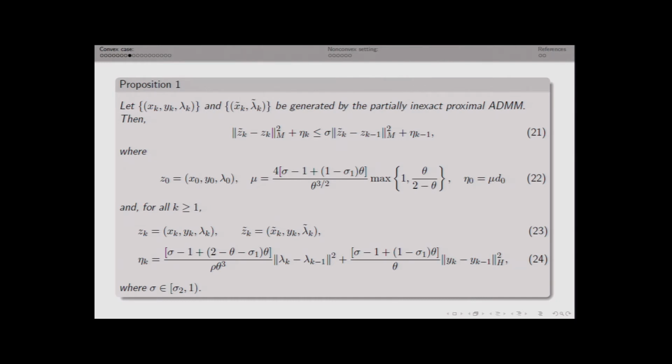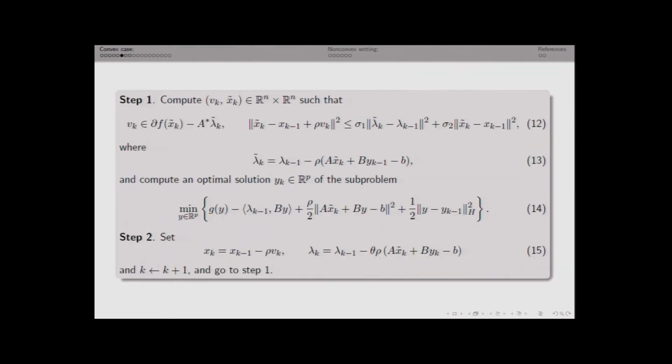So in the inner subproblems you are using the Hpe method, but in the outer subproblems you also have an Hpe type method, with some modifications. The expressions are quite involved, and it doesn't make sense to go into details. But what matters is this 21, which is close to the Hpe inequality.